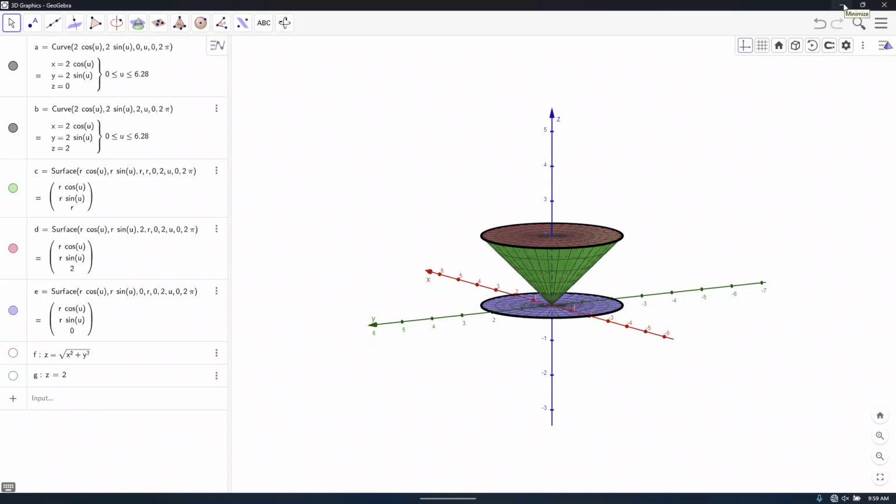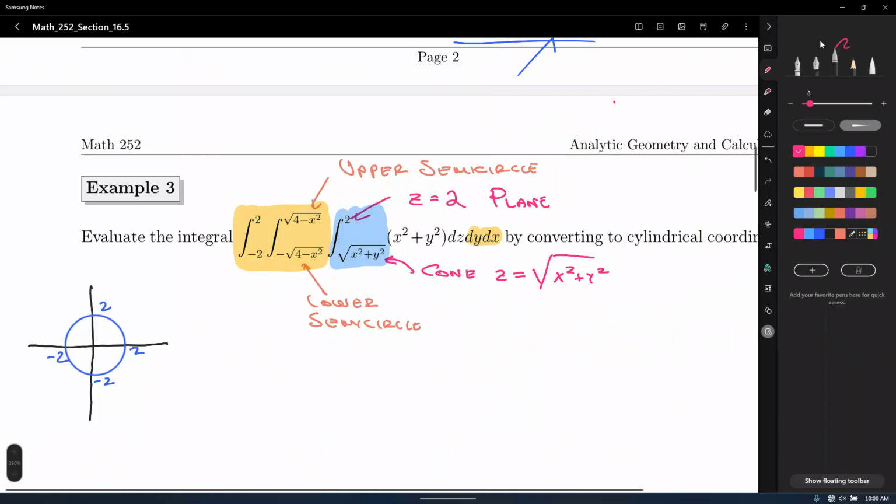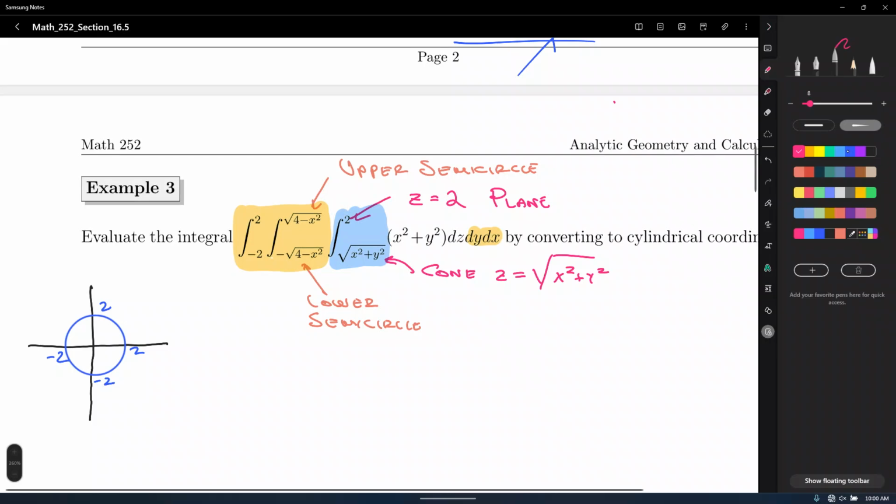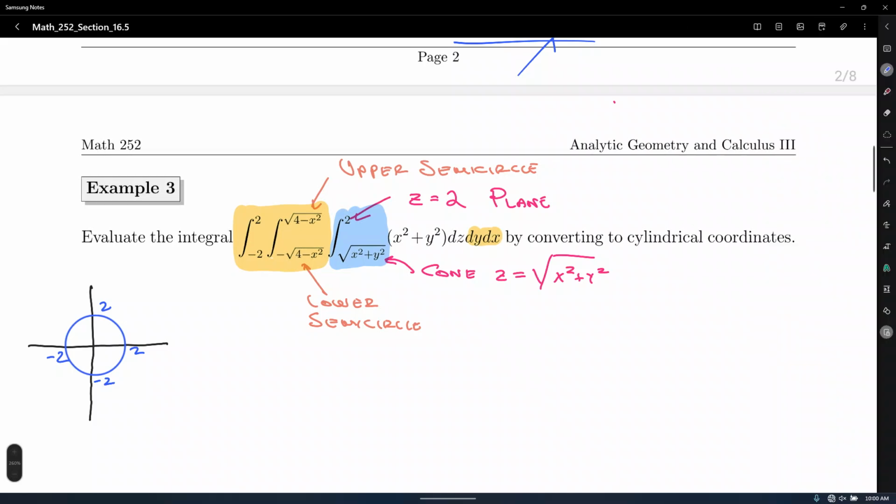Okay, I think we're ready to set up the triple integral. Let's go back to the notes. So let's write the domain of integration. I think it's pretty obvious from the limits.